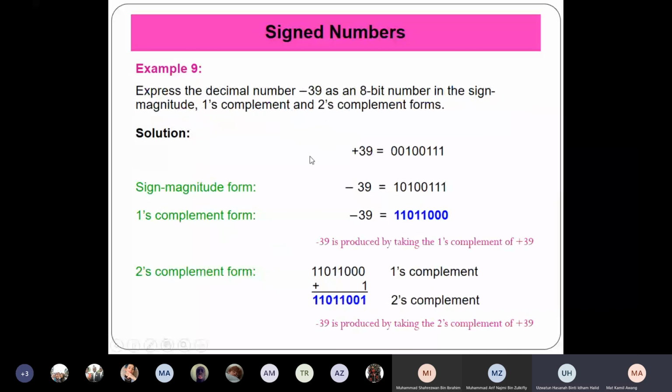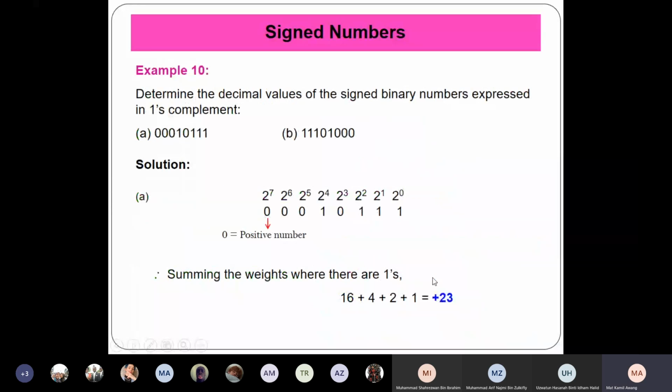Okay. Yes. And here, if it's positive, it's like this. You do the complement when it's negative. You do the complement when the number is negative, whether first complement, one's complement or two's complement. You don't do complement when it's a positive number. So this is a positive number.